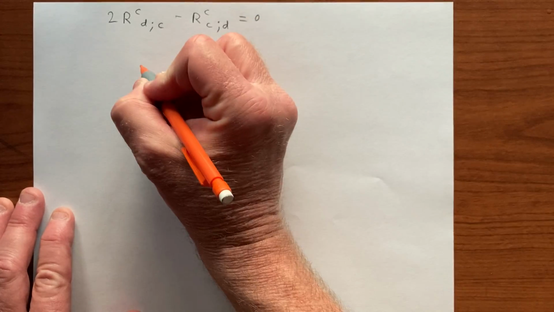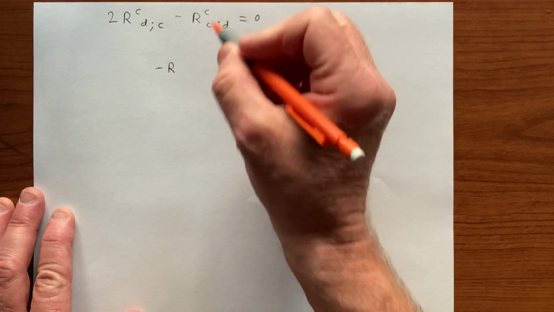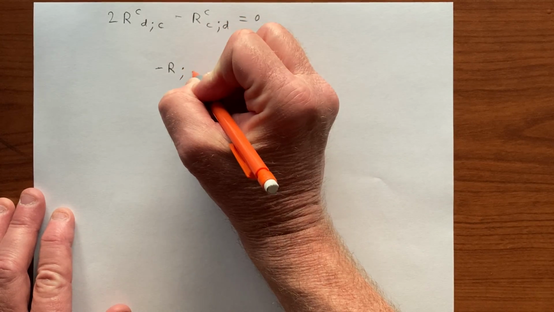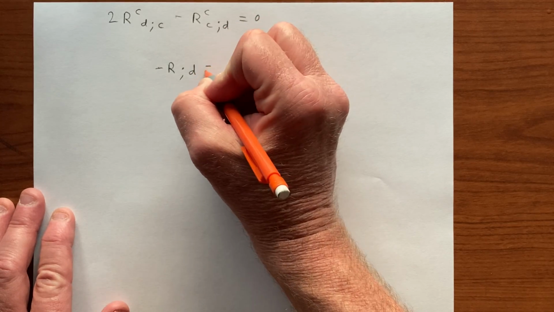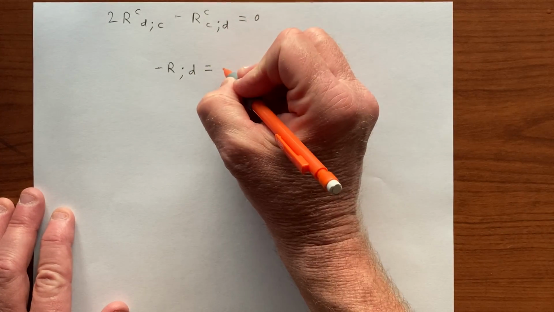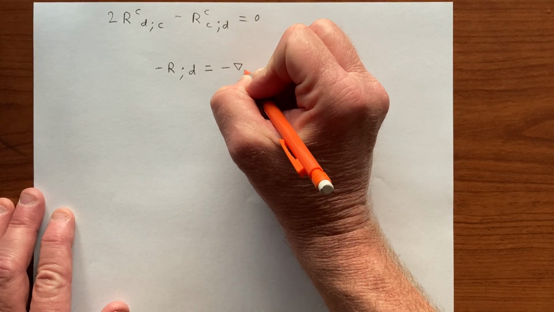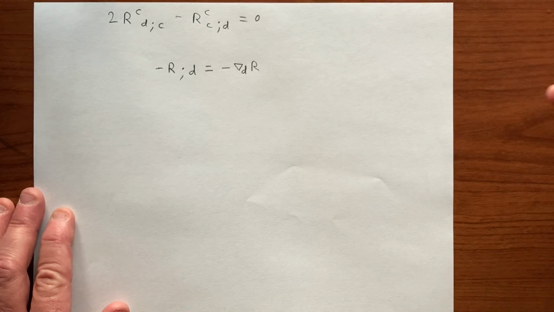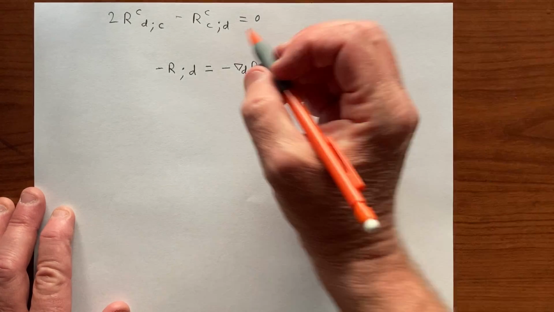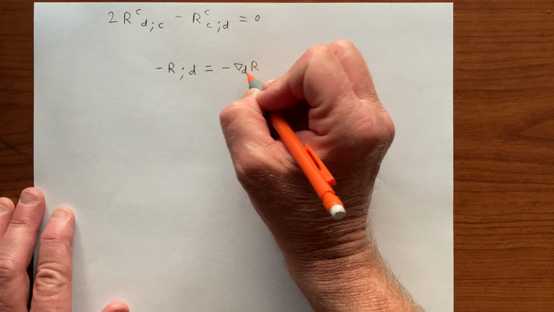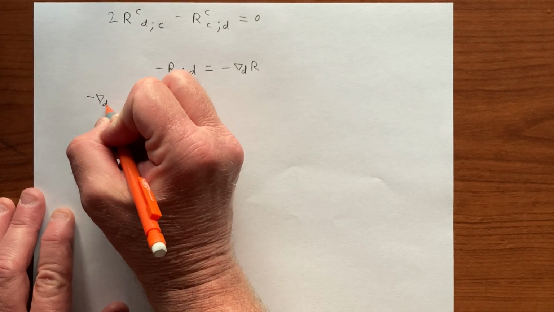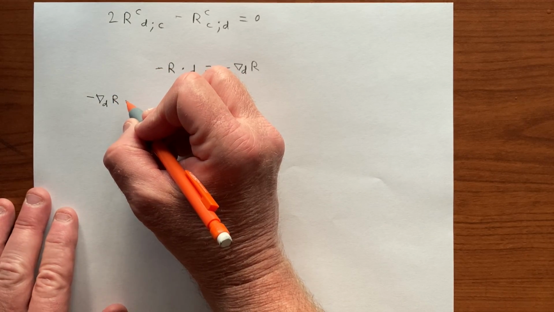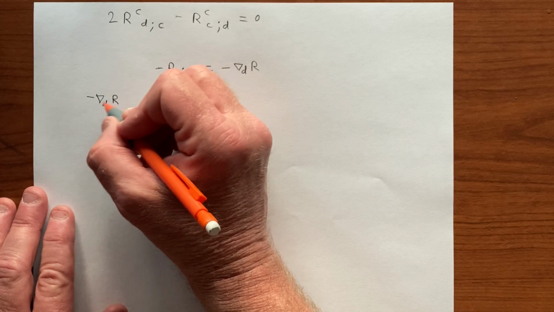So this is a minus R, the scalar, covariant derivative D. It's easier to write this as a covariant derivative this way with a lowered index, because that way I can use the metric.